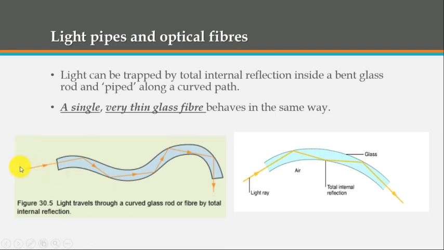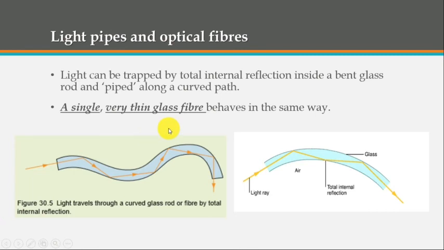Okay? So when light enters, what happens now? It enters with an angle more than the critical angle, more than 42 degrees. So what will happen? The light will reflect only. Total internal reflection will happen to the light all the time inside this glass.